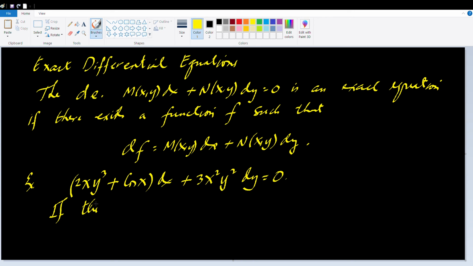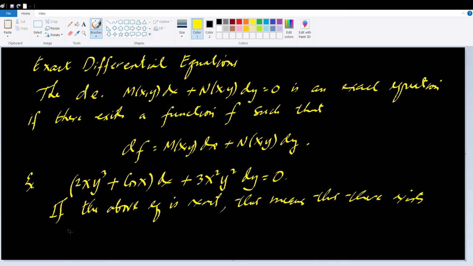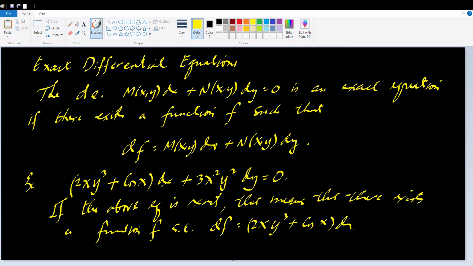If the above equation is exact, that means that there exists a function f such that the differential of f is equal to (2xy cubed plus cosine x) dx plus 3x squared y squared dy.